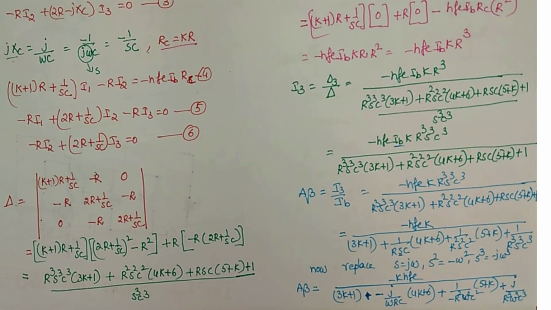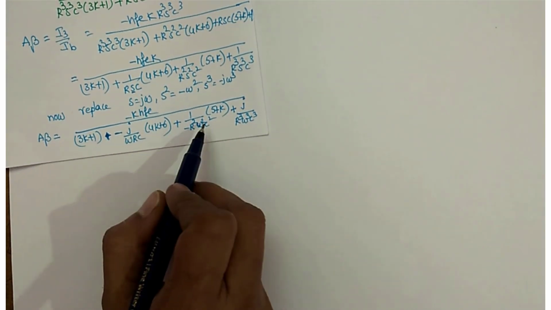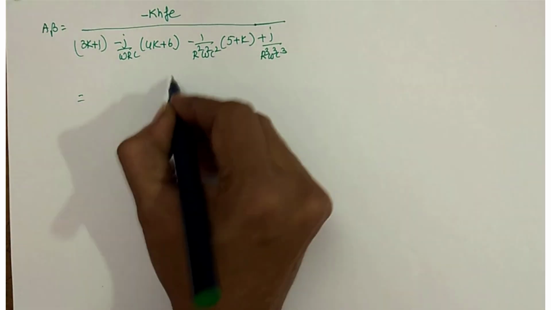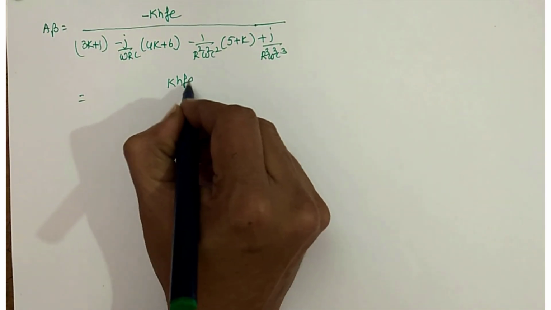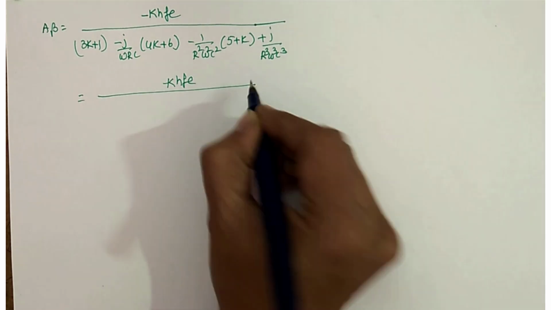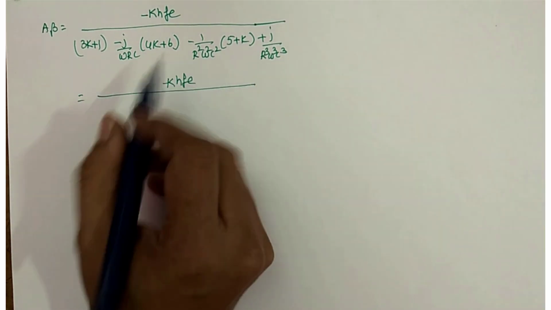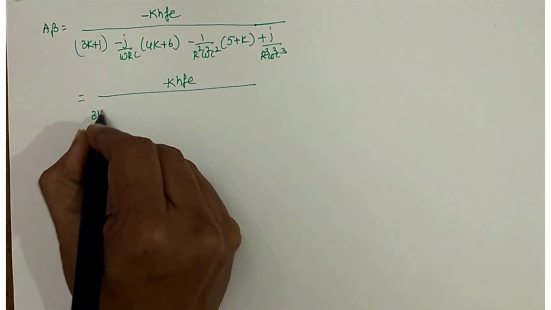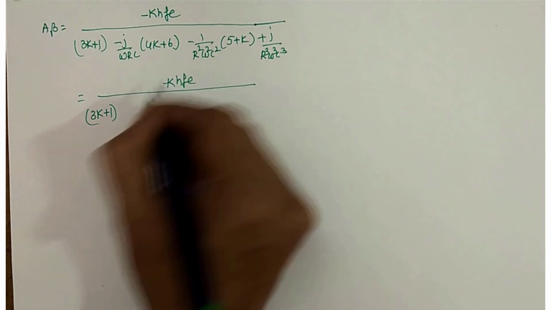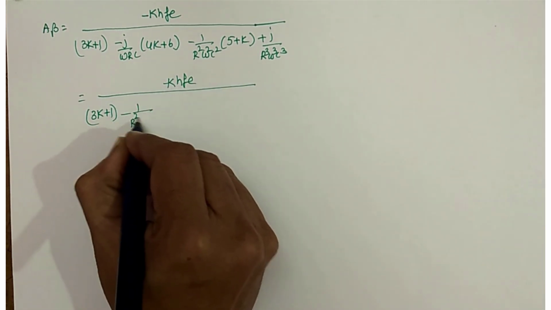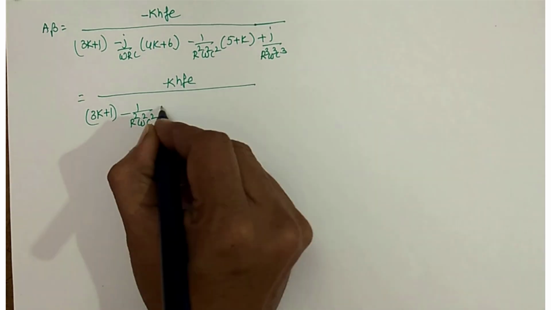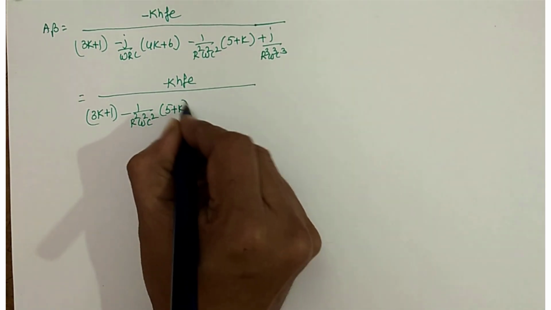Now what I am doing is, I am taking this expression again. Now I'll separate the real and imaginary parts of the denominator. The real part is 3K plus 1 minus 1 by R square omega square C square of 5 plus K.